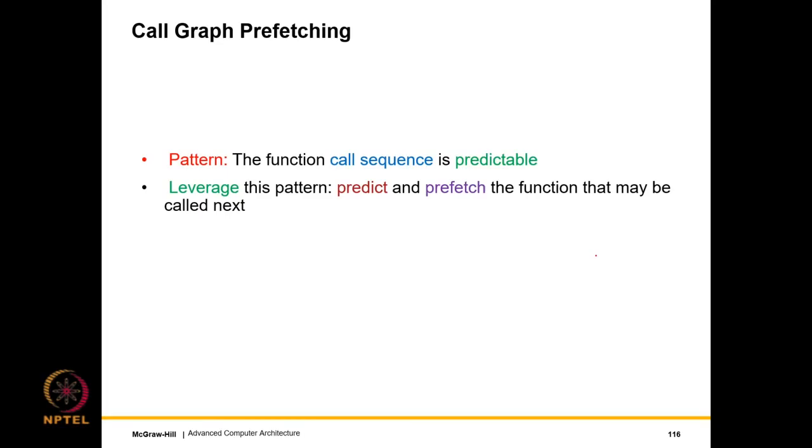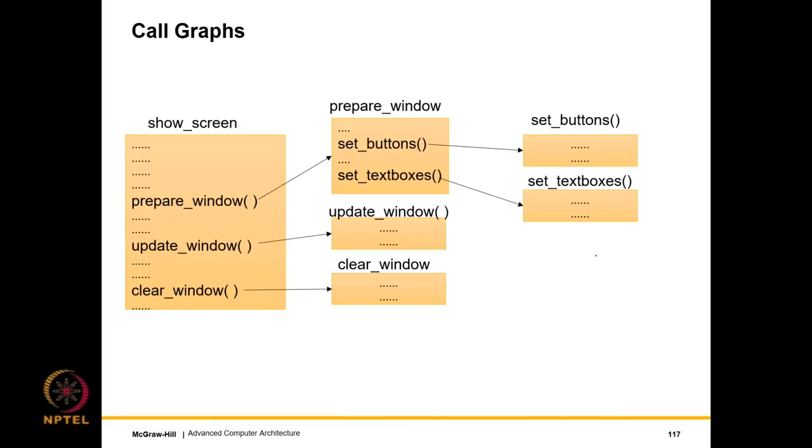Recall that we had studied basic blocks when we were discussing trace caches. So let me take a simple code snippet from the code of the Linux GNOME toolkit. When we are trying to show a screen, any screen in the GNOME toolkit, we first call prepare window.